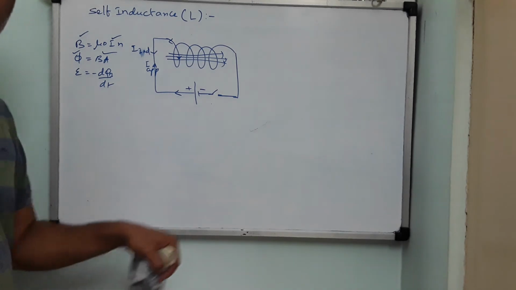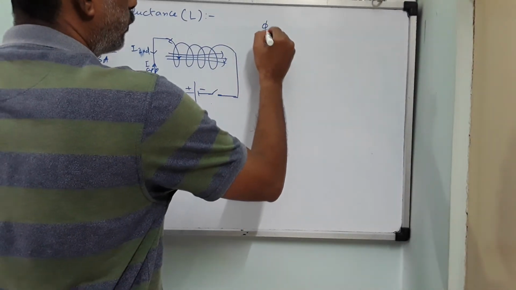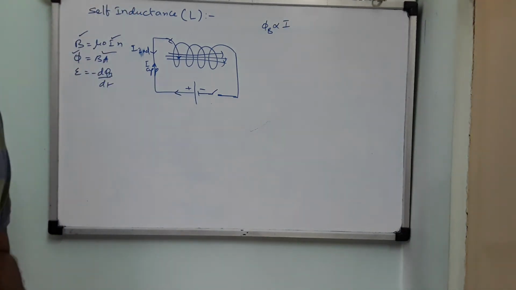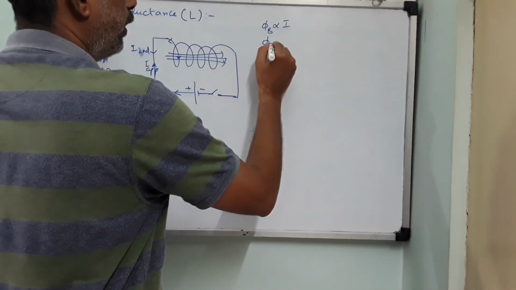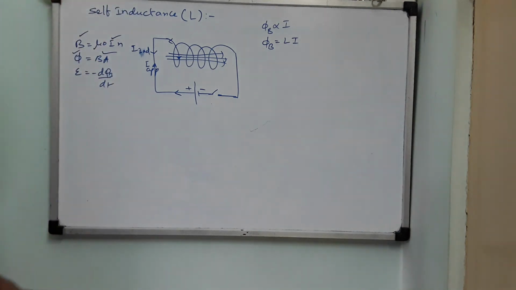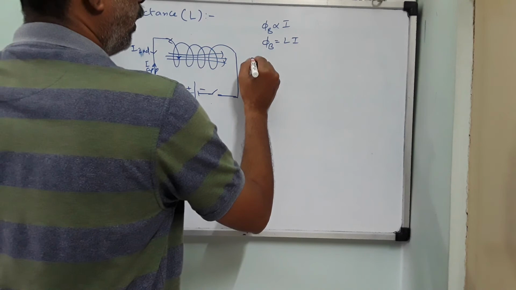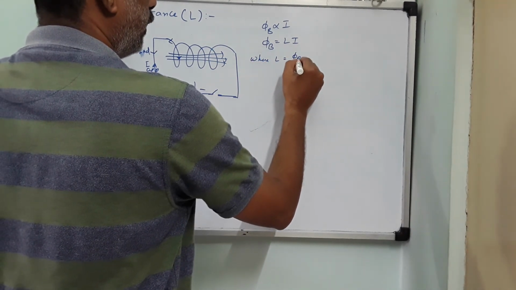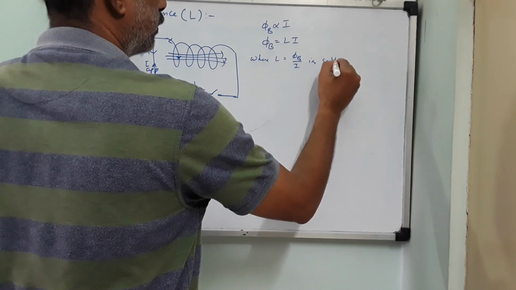The back EMF induced in any coil is directly proportional to the flux linked with it. Phi is directly proportional to I. Now this will be phi B equals some constant L into I, where L is known as self-inductance. So L equals phi B divided by I is self-inductance.